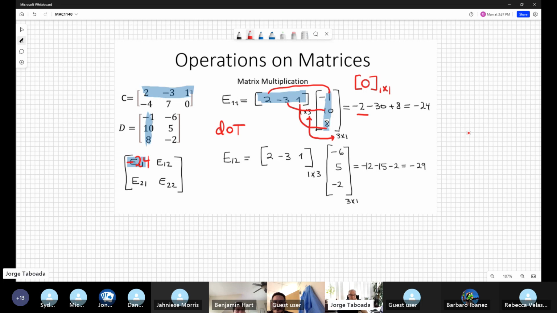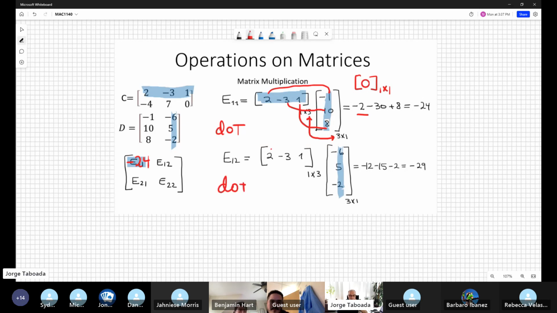Likewise, if you decide to find the element, that's the technical name, E12, located in the first row but the second column now, you multiply again the first row of C, but now by the second column of D. Similar, another dot product.